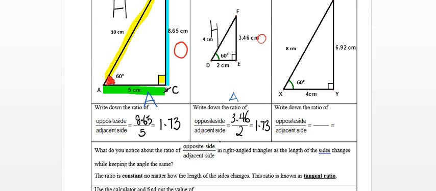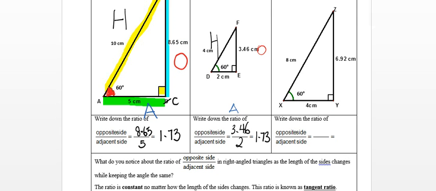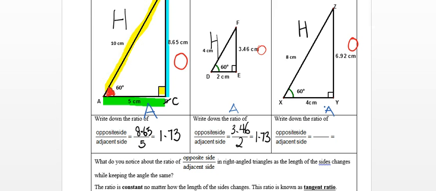What do you notice? Can you complete the trigo ratio for the last triangle on your own? Similarly, for triangle XYZ, we will have XZ as the hypotenuse, with reference to the 60-degree angle, YZ to be the opposite, and XY to be the adjacent.